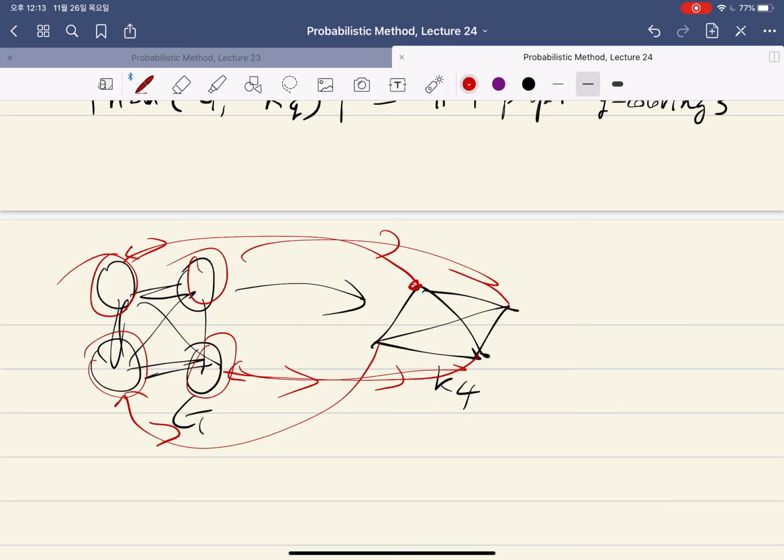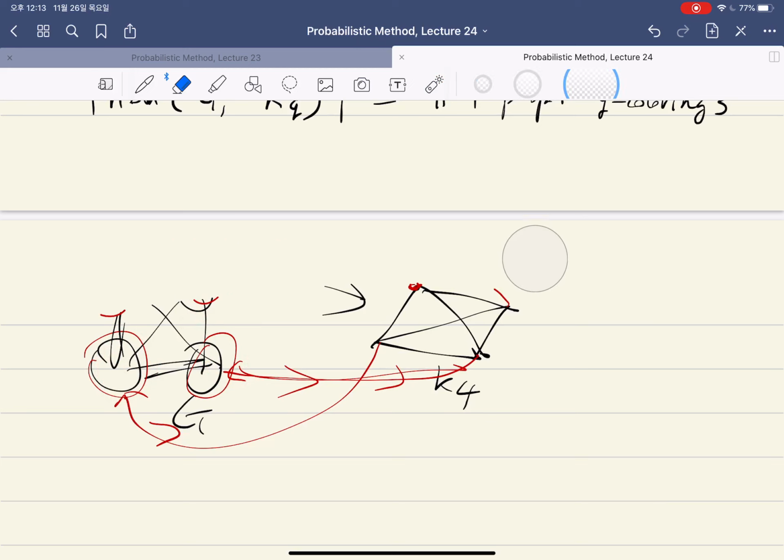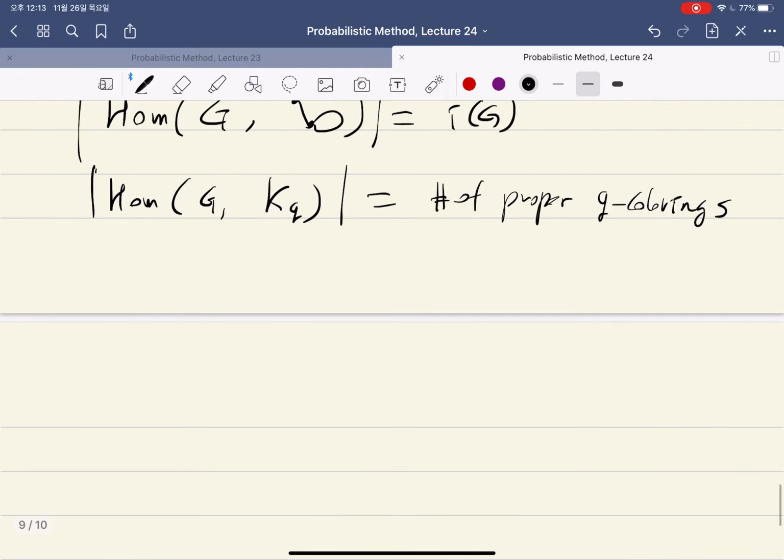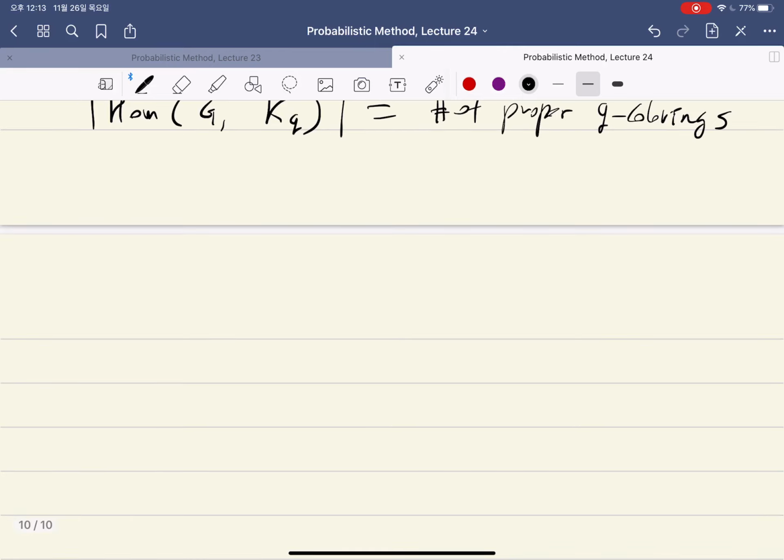So each homomorphism corresponds to a partition of this graph into 4 independent sets, which is exactly the same as a proper coloring. So these are a few instances where homomorphism is important. There are many more applications to other concepts of graphs.